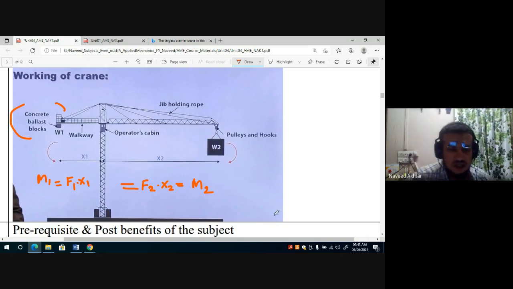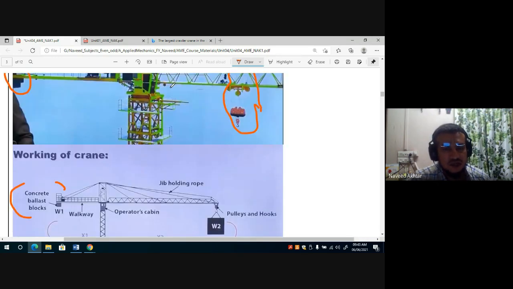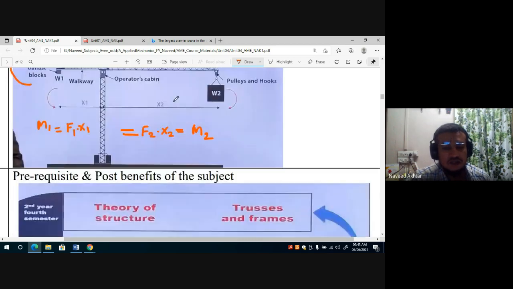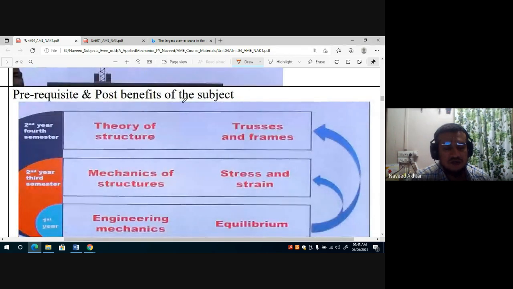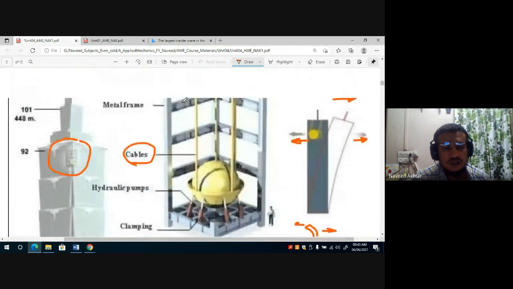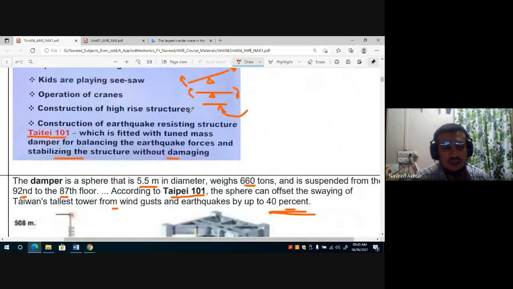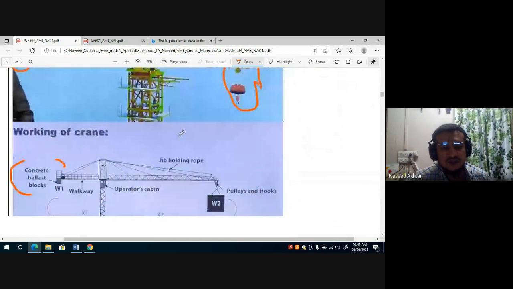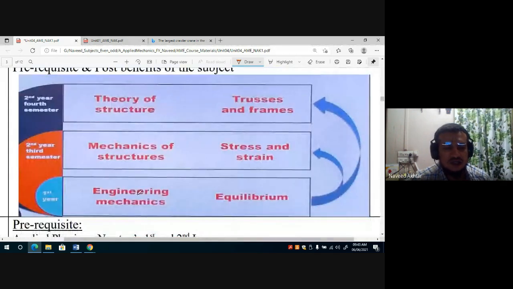So this is the example of equilibrium. Now we can see the prerequisite and post benefit of this unit, what we are going to learn, that is equilibrium. You are learning equilibrium in engineering mechanics.